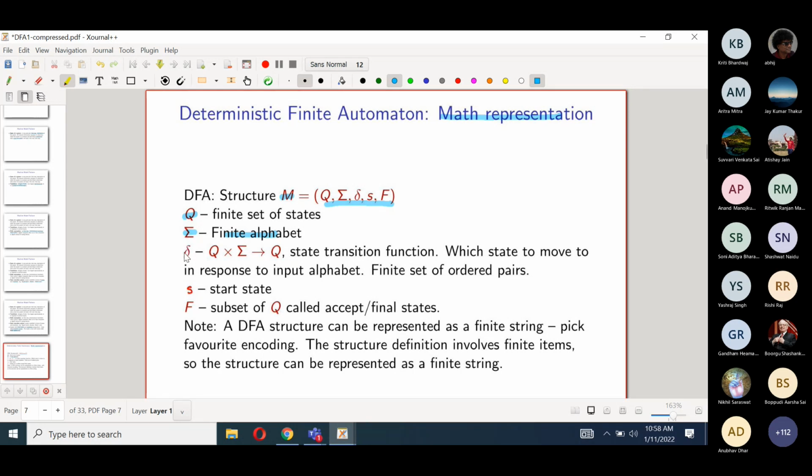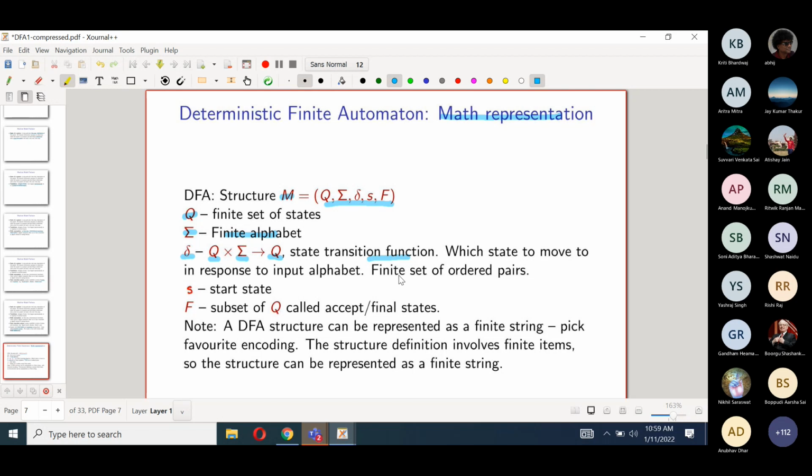Next comes delta. In the current most basic mathematical representation, we will only be thinking of delta as a transition function, meaning that you give me any state and you give me any input alphabet, I should have a proper definition for this machine. So you give me any state Q and any input alphabet, I should know what the next state is going to be, what the transition is going to be.